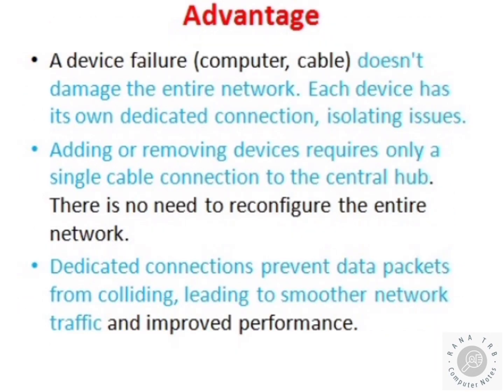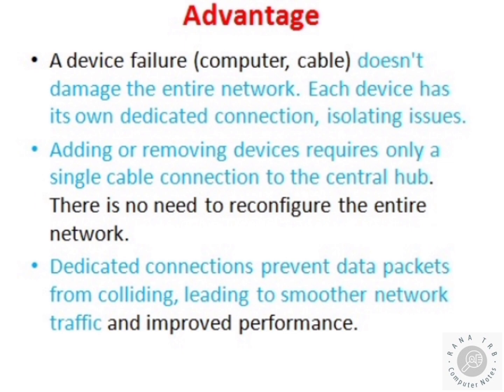The best advantages are, when a device fails, it does not damage the entire network system, because each device has its own dedicated connection, isolating issues. Next, adding and removing devices require only a single cable connection to the central hub. Because of this, there is no need to reconfigure the entire network.